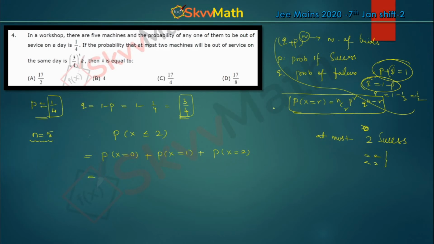Now we use this formula: P of x equals r is equal to nCr p power r q power n minus r, where n is 5, p is 1 by 4, and q is 3 by 4. Substitute those values here.